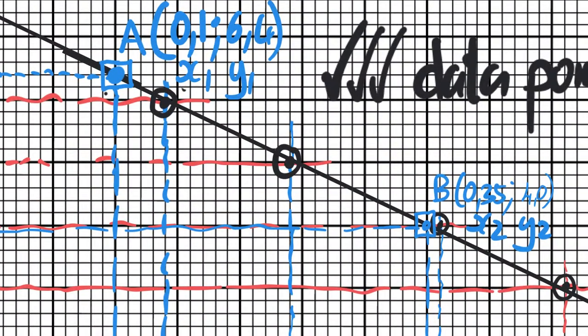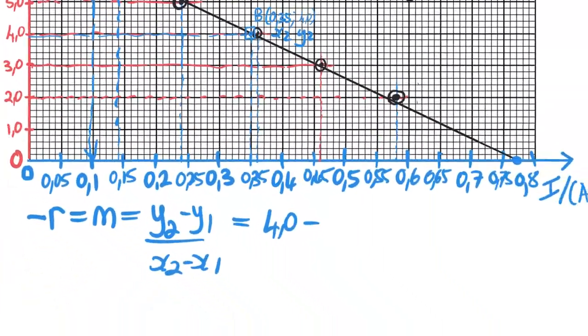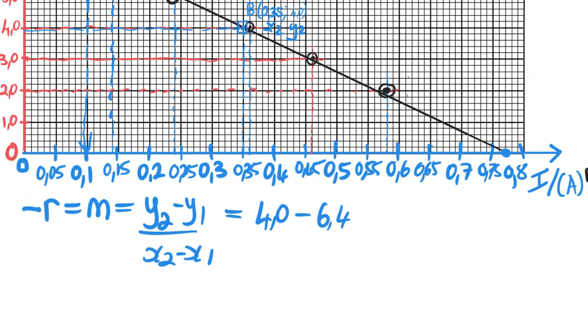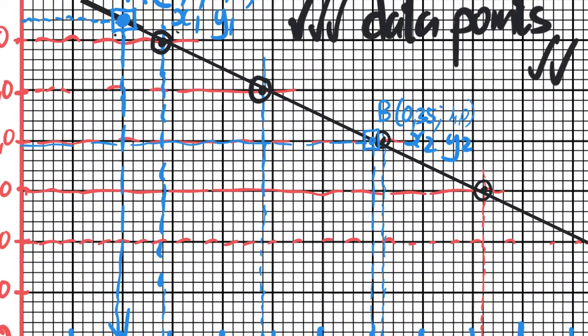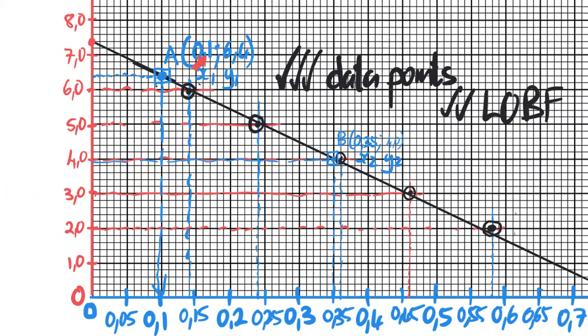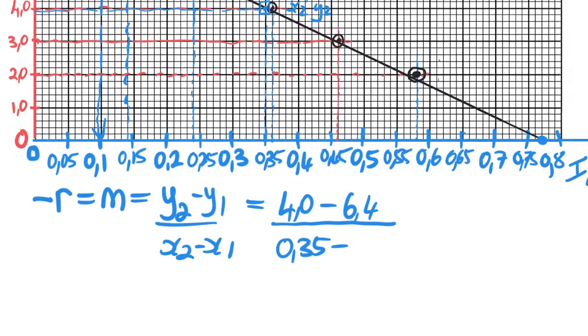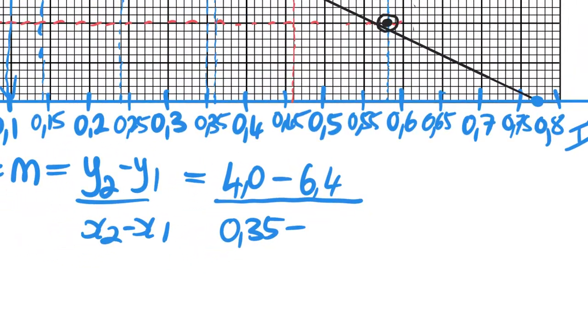And then divided by x2. x2 is 0.35, minus x1, which was 0.1. So x1 is 0.1. And so now keep in mind that this is a voltage and this is a current.